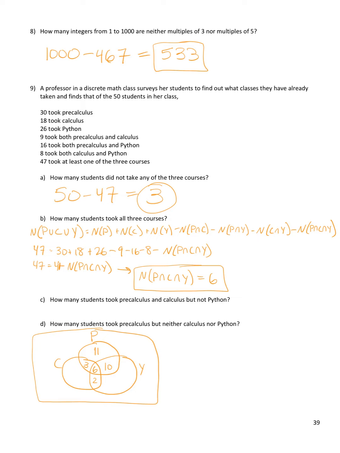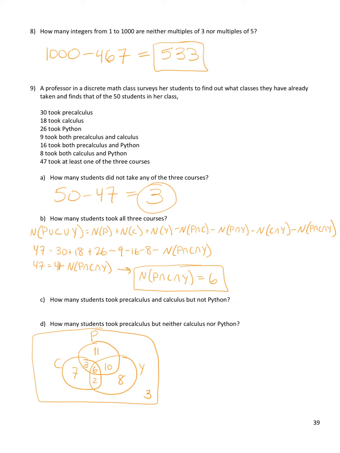And then calculus is supposed to have 18 students in it, and I've already accounted for 6, 8, 11, so there are 7 more. And then Python had 26 students, and I've already accounted for 18, so there are 8 more. And then we know that 3 students didn't take any of these courses, so I'll put 3 students out here.